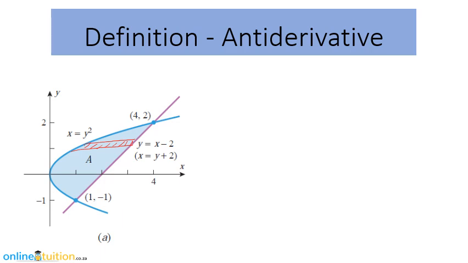So we want to use that general formula in this case, say from c to d, the function on the right minus the function on the left, not dx but dy.